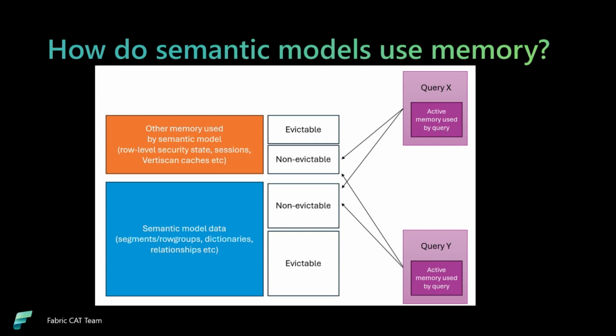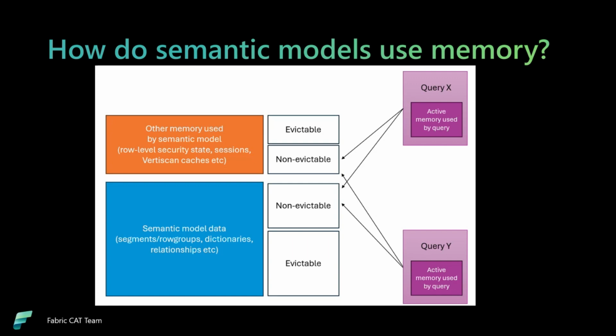And there is also other stuff that goes along with a semantic model. If you're using row-level security, there'll be things in memory to do with row-level security. There will be caches. You run a query, it's slow, you run a query again, the cache kicks in, but there's a cache in memory that uses memory. So, two big groups of things that can be in memory for your semantic model.